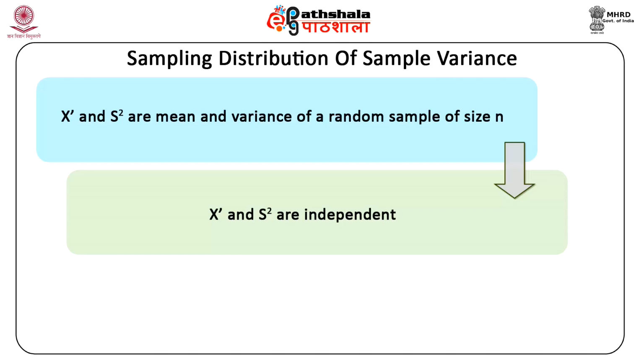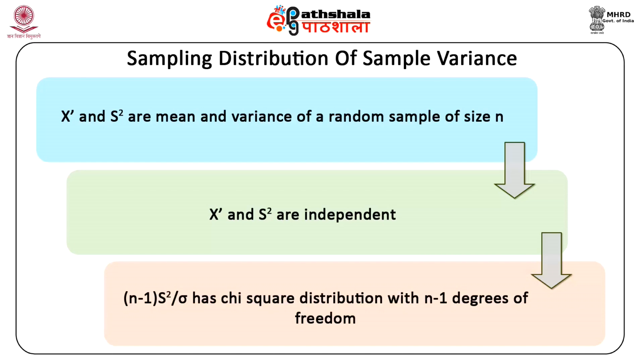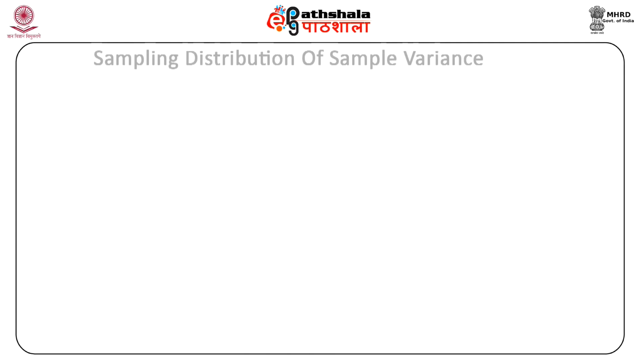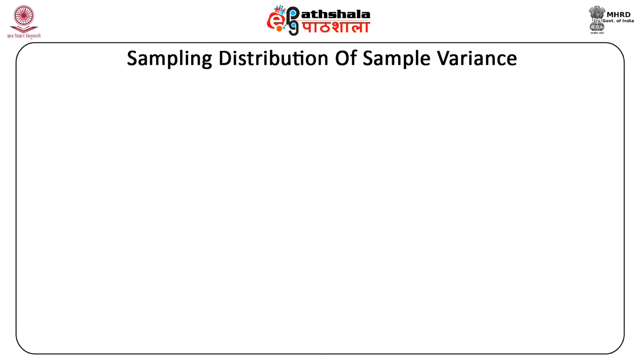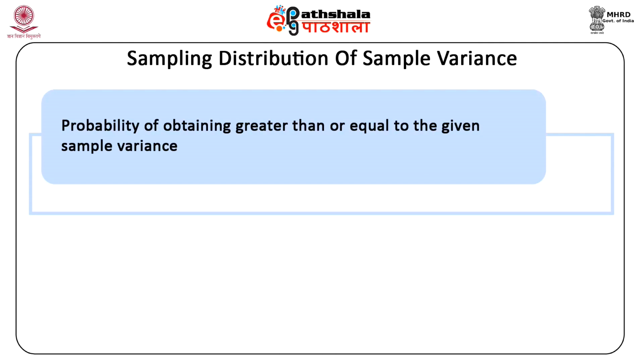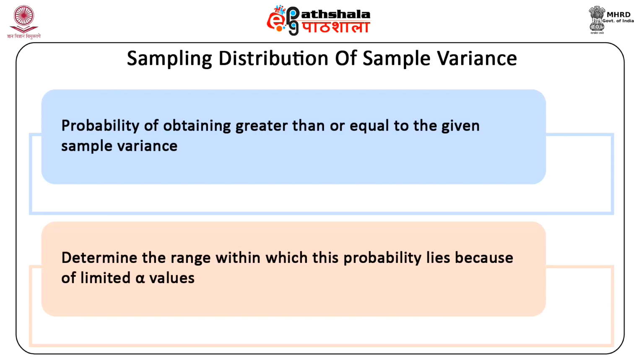The random variable n minus 1 into s square upon rho square has a chi-square distribution with n minus 1 degrees of freedom. Using the above results, we can determine the probability of obtaining a value greater than or equal to the sample variance. Using the statistical tables, we can determine the range within which this probability lies because of limited alpha, the level of significance values.